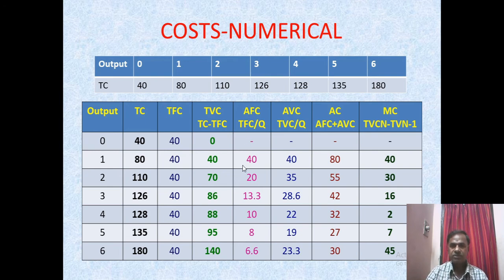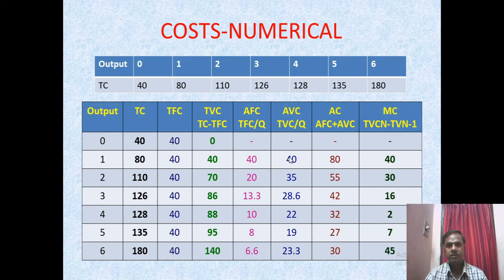Next one is AFC. TFC divided by output. See here, 40 divided by 1, 40 divided by 2. That is AFC. AFC is TFC divided by output. 40 divided by 3, 40 divided by 4. So likewise, you can see AFC falls as the level of output increases.